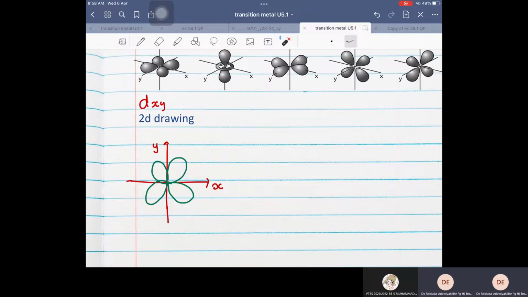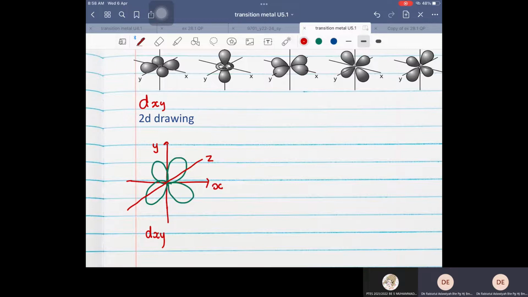Yeah? Okay. That's done. That's my dxy already. The only thing that I'm missing is my other axis, not my x, which is z. Okay? So that's why I focus on the axis that I'm interested in first, okay? Which is dxy.